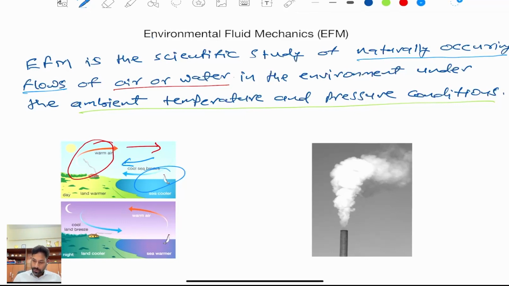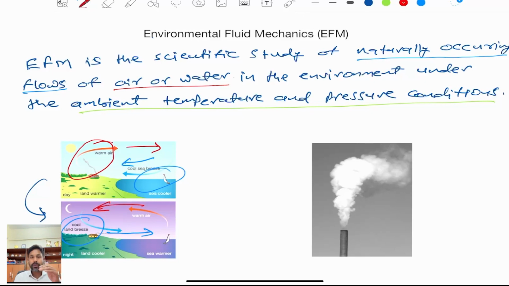And now, when you think about the same system at night, the land gets cooled much more quickly than the water body, and that's why now we have cold air coming from the land and flowing towards the ocean at the bottom layer, and comparatively hot air from the ocean coming this way.